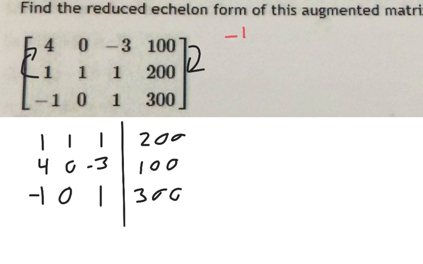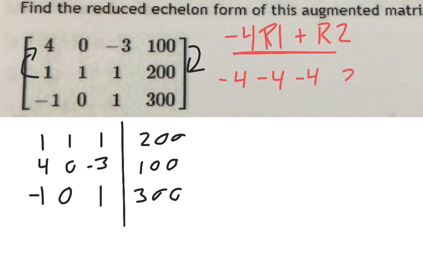So I'm going to take -4 times row 1, and I'm going to combine that with row 2. So that's what I'm doing right here. -4 times row 1 plus row 2. So what would that look like? That would be -4, -4, -4. So this is scratch work on the side, okay? It's not a new entry. And then row 2 stays the way it was.